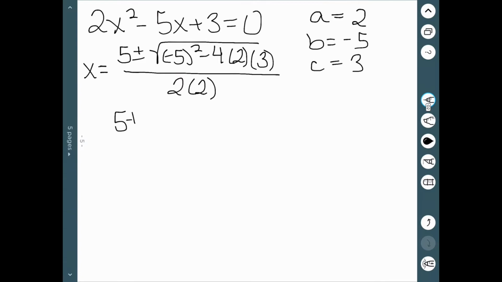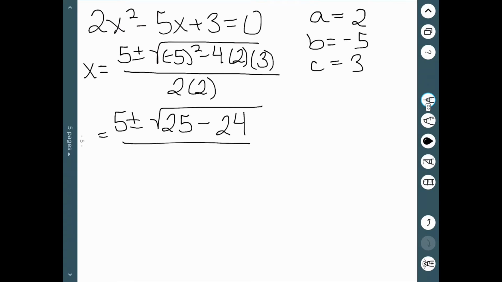As we simplify this, we know that negative 5 times negative 5 is positive 25. And 4 times 2 times 3 is 24, all over 2 times 2, which is 4.